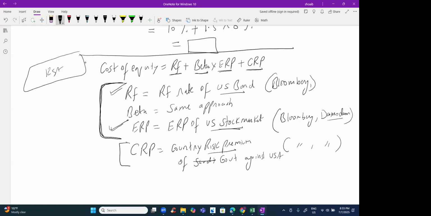By the way, the country risk premium is always available for every country against the US. Okay, because the USA bond is considered to be the risk-free bond. So these are the two approaches you can use, and the cost of equity will be near to each other. There wouldn't be any huge difference.